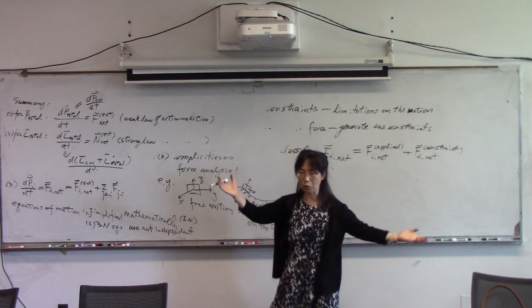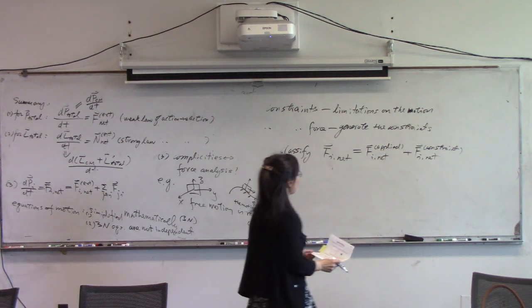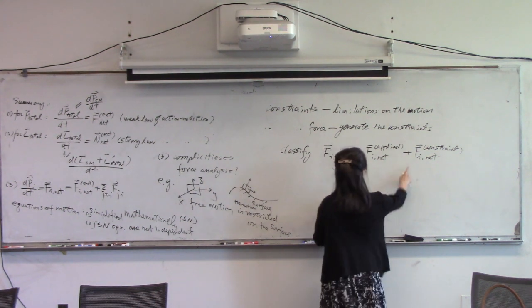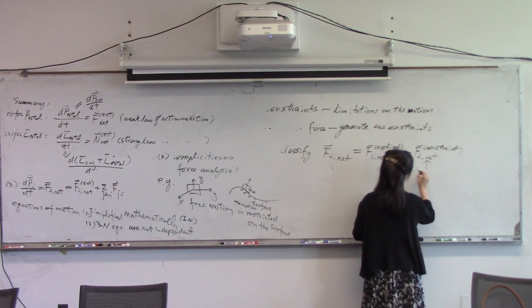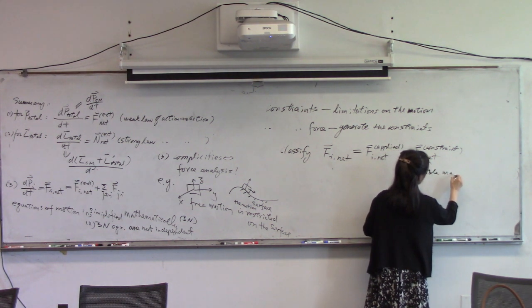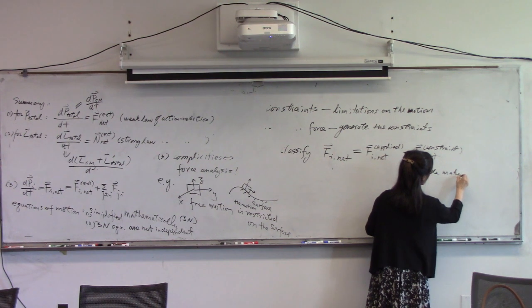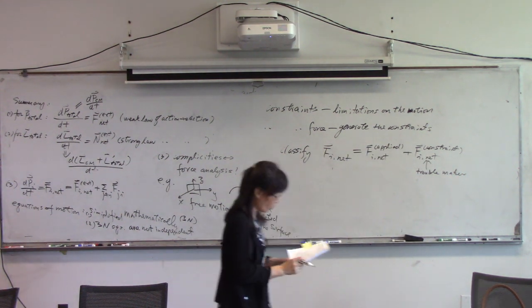Maybe there are several constraints, right? And this one is a troublemaker, making difficulty when we solve the equation of motion.